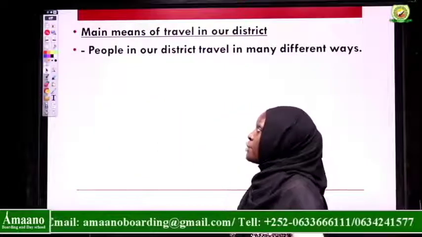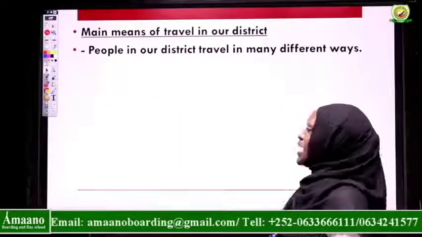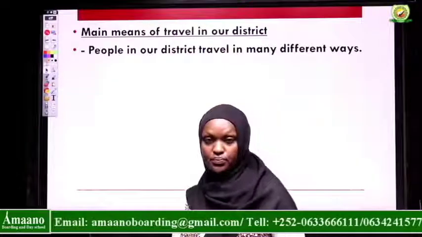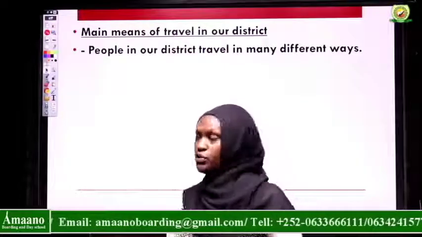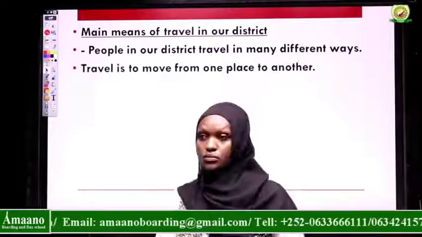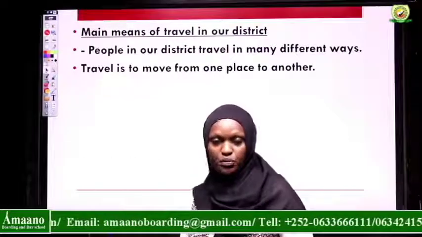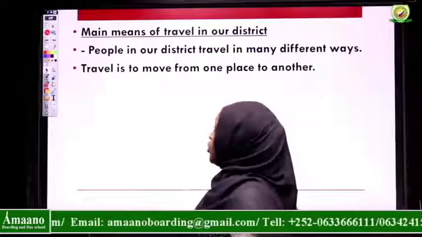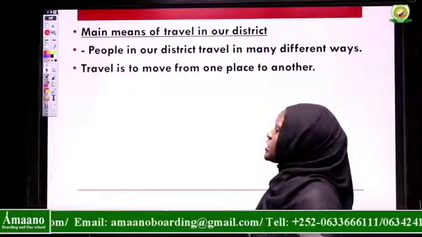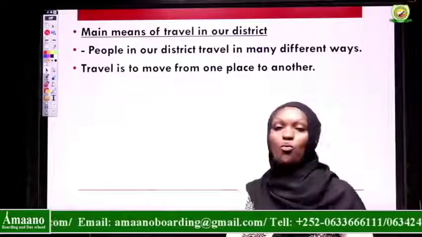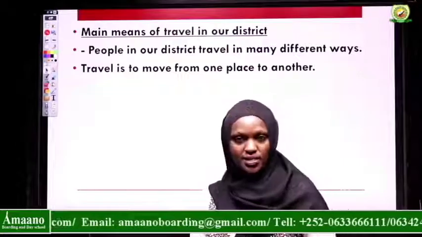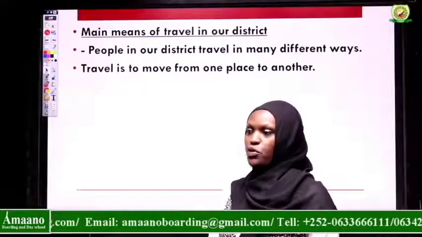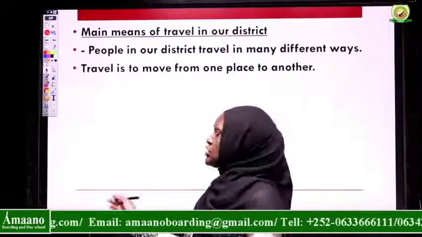People in our district travel in different ways. Maybe you want to move from your house to the market, or from the house to school. So what do you use? And we say travel is to move from one place to another. That movement, moving from here to another, is what we call travel.